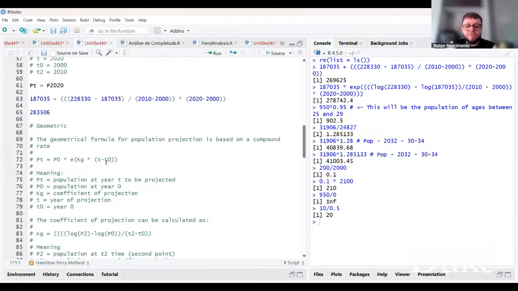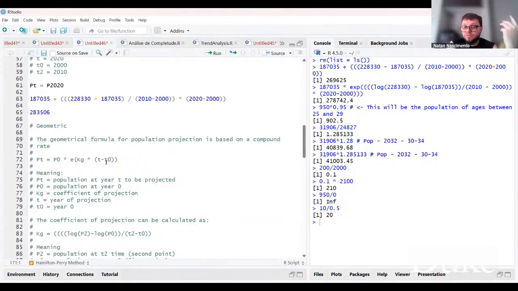That new neighborhood will have a very small population, but because it's a new one, 10 years ago it didn't exist. So what's the population 10 years ago? 0. Can we divide the current population by the past population? No, because we'd be dividing like 200 by 0. It didn't exist.